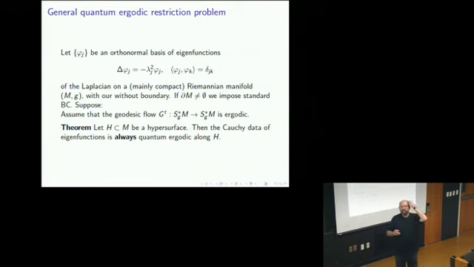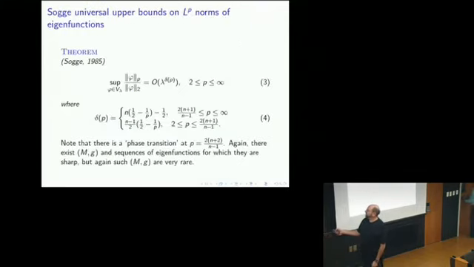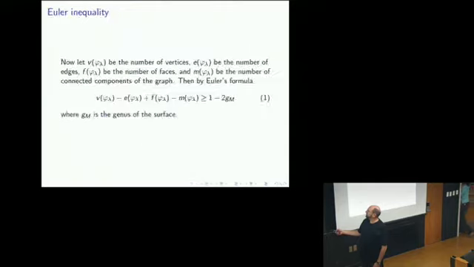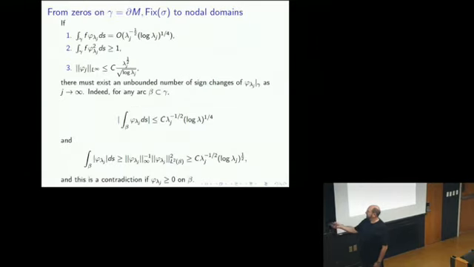Yes, it's a period estimate. So that goes way, way back, and I did not explain that at all. So this is the period estimate. It just means that if you integrate the eigenfunction over this boundary, and you can put any test function in here, then it decays at this rate.